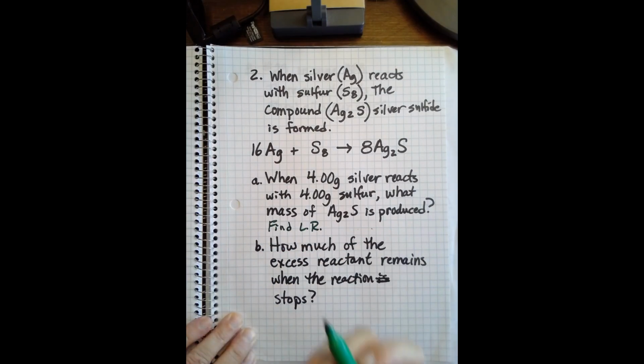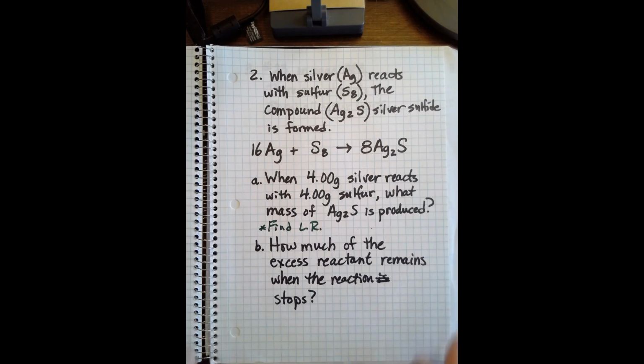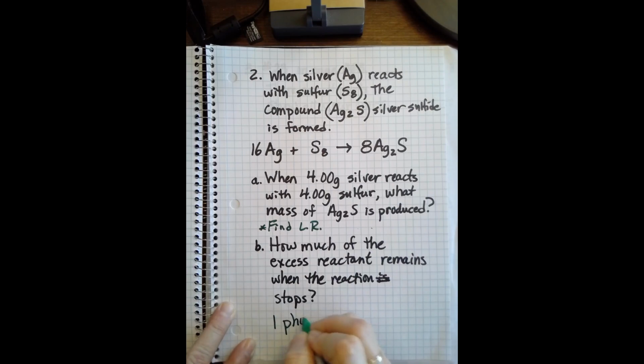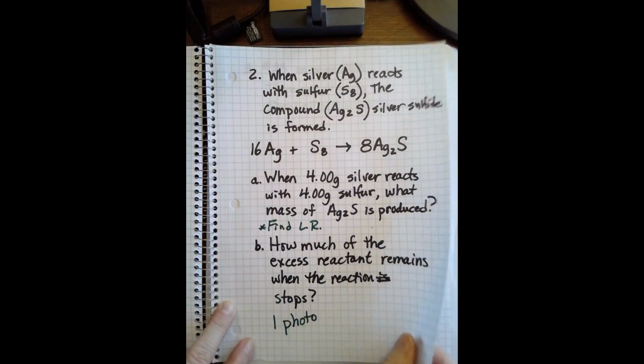That's a hint. Find the limiting reactant and use the limiting reactant to do your math. Okay? So it didn't specifically ask you that, but I'm reminding you. Now, how much of the excess reactant remains when the reaction stops? All right? So you've got a couple things to do there. Upload 1 photo of this work.